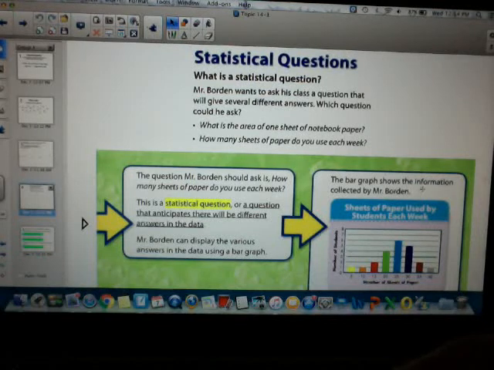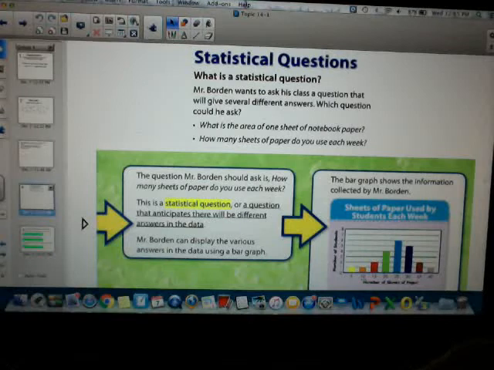The bar graph shows the information collected. And you notice that this bar graph, of course, has a title, sheets of paper used by students each week, and then it has the number of students, and the number of sheets of paper. If you look at the graph, you can say, oh, one student uses 5 sheets a week.